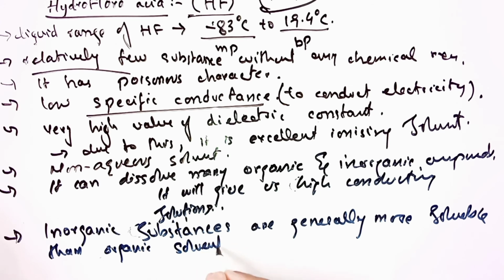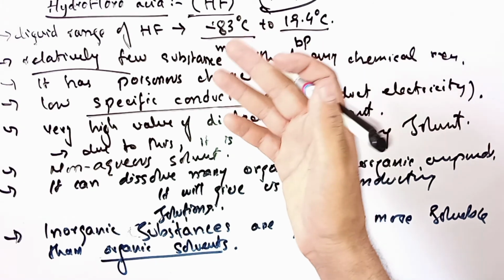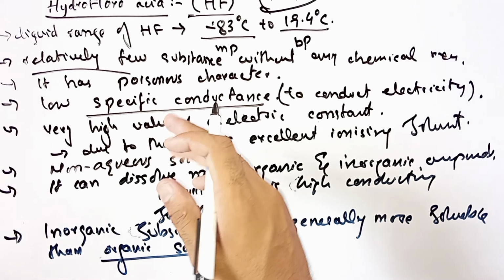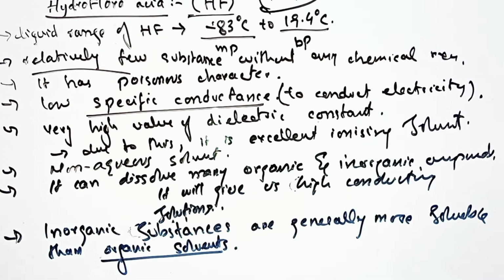Why? Because most organic solvents are non-polar in nature, but most inorganic substances are polar. HF is also polar, and we know that like dissolves like: polar solvents dissolve polar solutes well, while non-polar solvents dissolve non-polar solutes effectively.